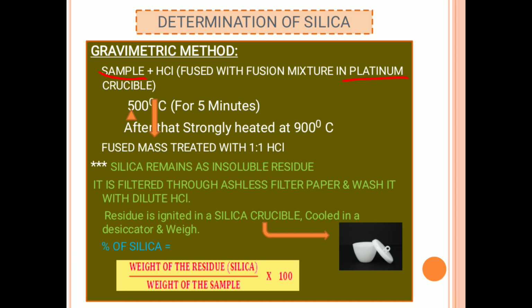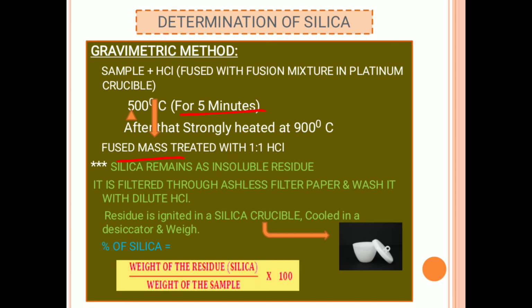After that, heat it for 5 minutes at 500 degrees Celsius. After that, strongly heat it at 900 degrees Celsius. The fused mass, why? Because you need to use a fusion mixture, either sodium carbonate or sodium peroxide or potassium hydrogen sulfate. That fused mass is treated with 1:1 HCl.